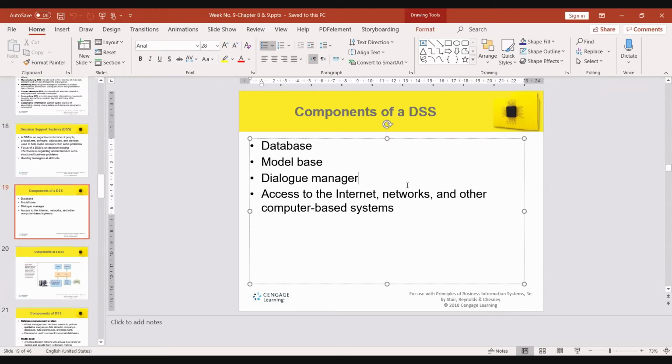You will ask questions, you can discuss the questions with the system. Like you have a task manager in your system, you also have a dialogue manager. So you can raise your queries and discuss them with the system, and the system will guide you and tell you what to do. Then access to the internet, networks, and other computer-based systems. So these are the components of the DSS.